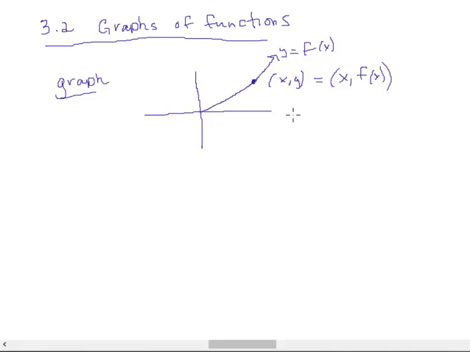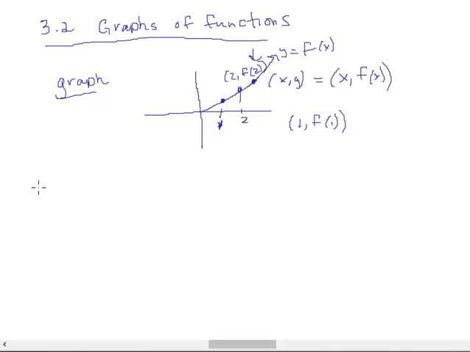So that means that if I was looking at the point when x equals 1, then that point would be (1, f of 1). If I was considering the point when x was 2, this point would be (2, f of 2), and the way you can find that y value is by plugging 2 in for x in that f of x definition.